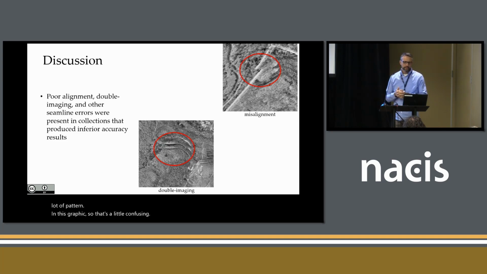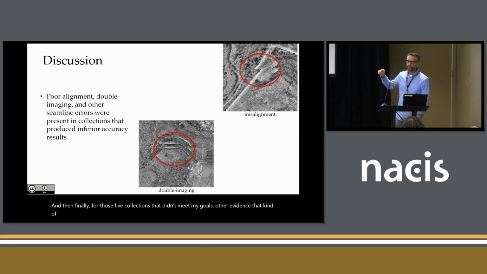And then finally, for those 5 collections that didn't meet my goals, other evidence that those are the appropriate goals is when they didn't meet that roughly 10 meter horizontal positional accuracy threshold, other issues surfaced.